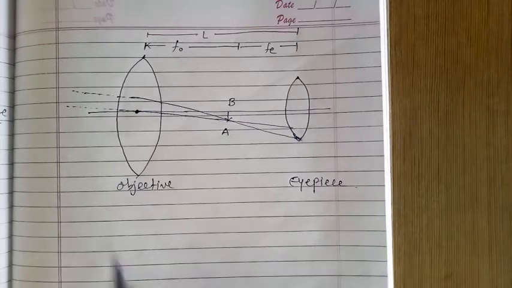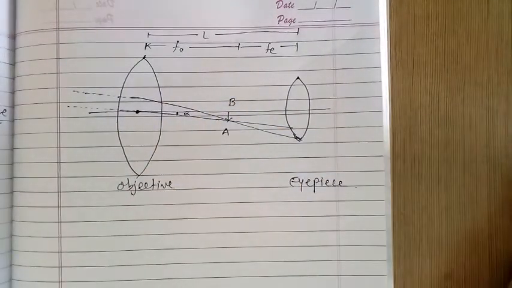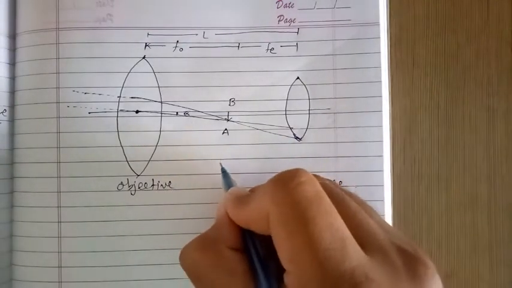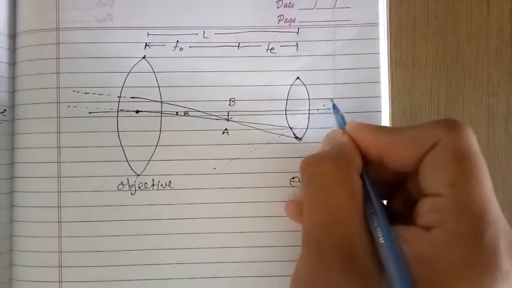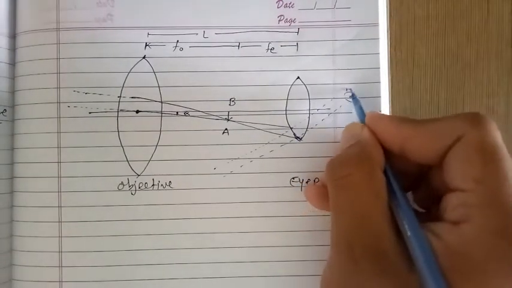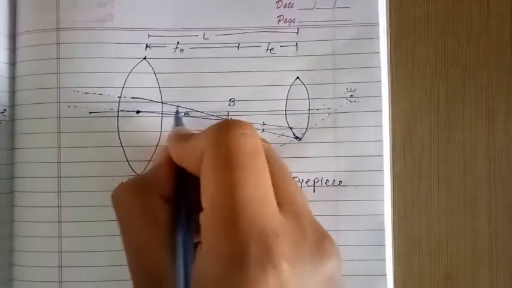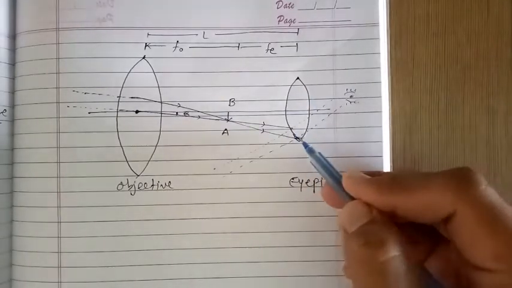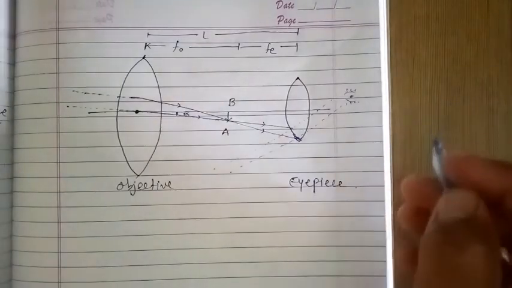Here suppose we assume the angle alpha. The rays form the image AB, and we get an inverted and magnified image with the help of the eyepiece, right?